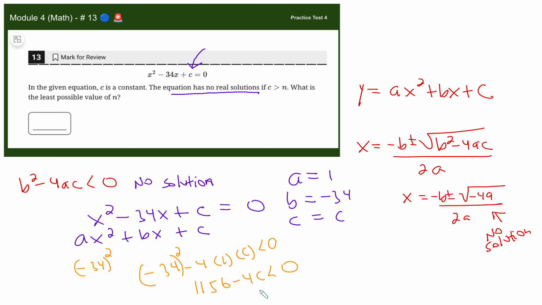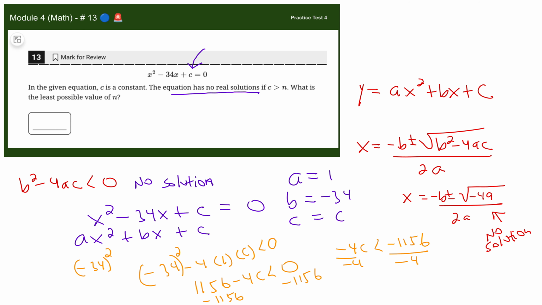We'll subtract 1156 from both sides. So negative 4c is less than negative 1156. Divide by negative 4.